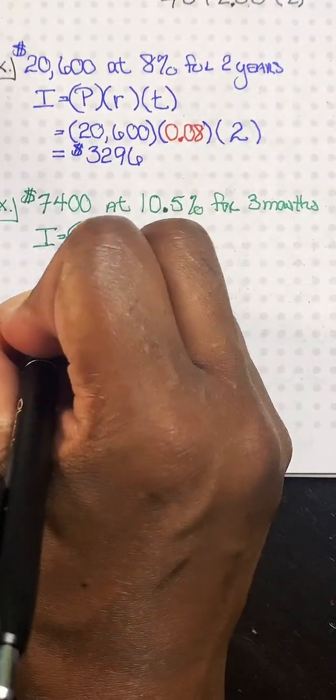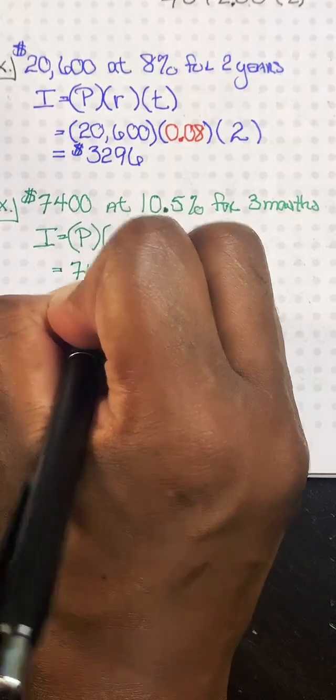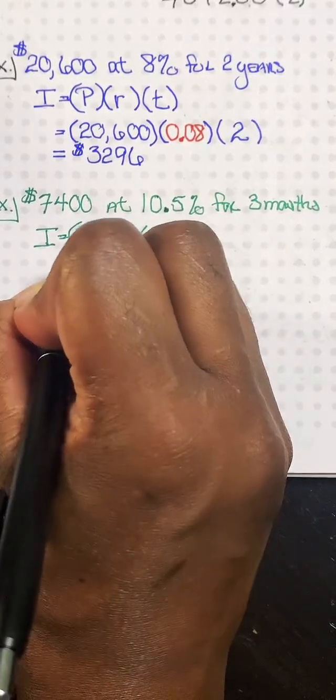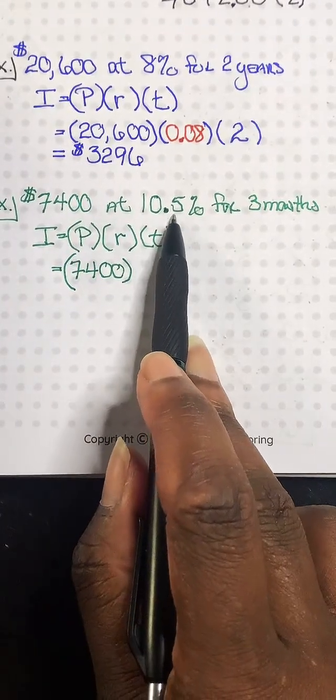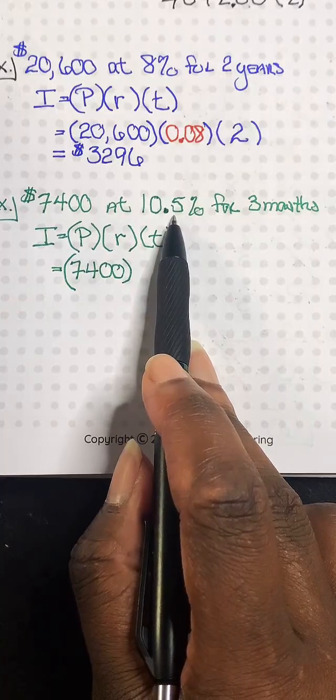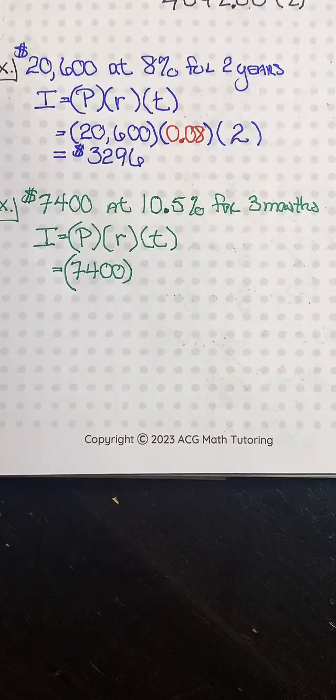We all know that our principal is going to be the $7,400. Now, what would be my rate as a true decimal? Yes, Danny, good with the 7,400. But what would be my rate as a true decimal?